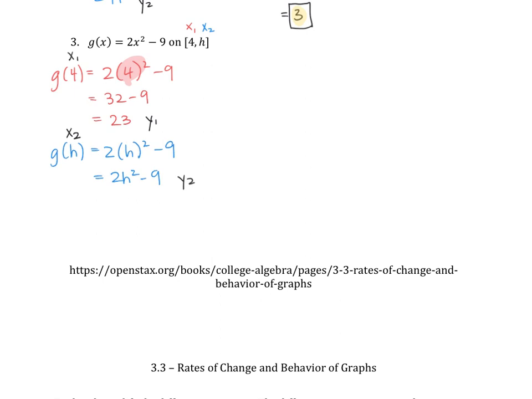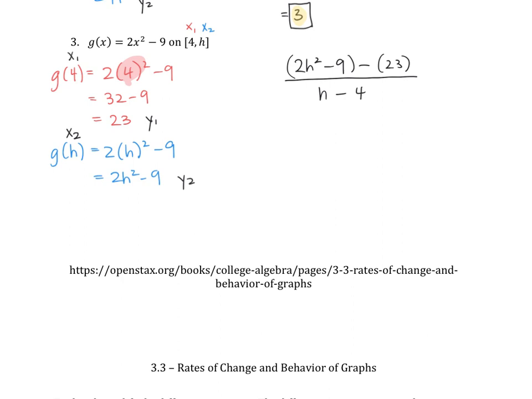All right, so now I'm going to do y2 minus y1. So 2h squared minus 9 minus 23 all over x2 minus x1. Okay, so the difference in y's over the difference in x's.